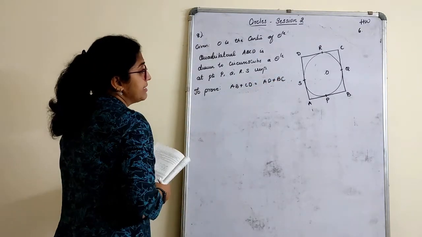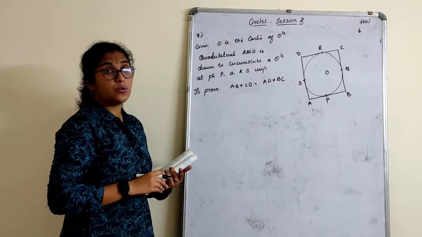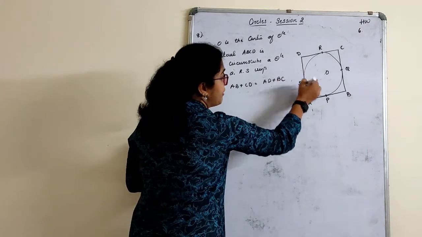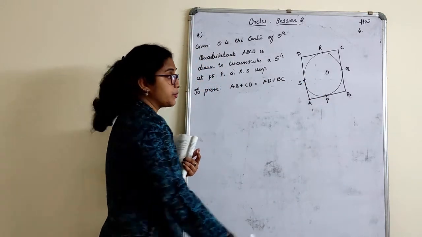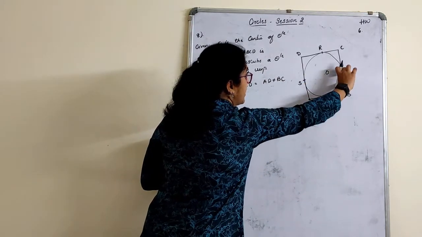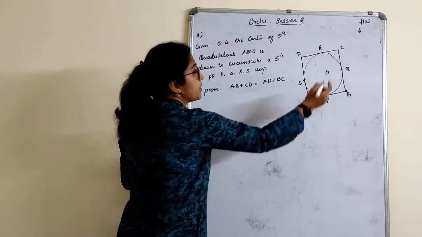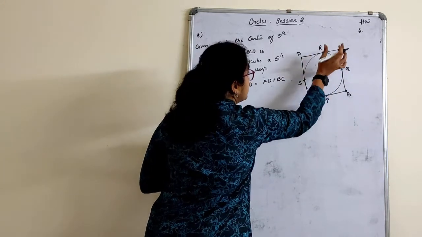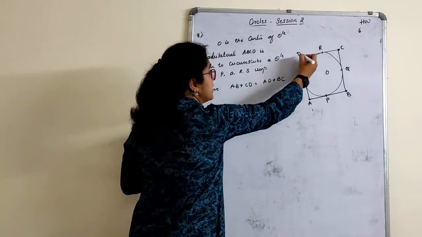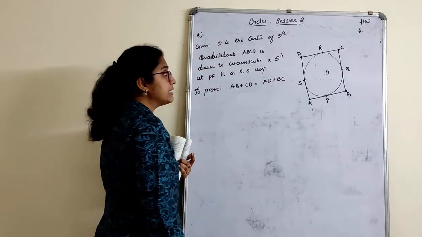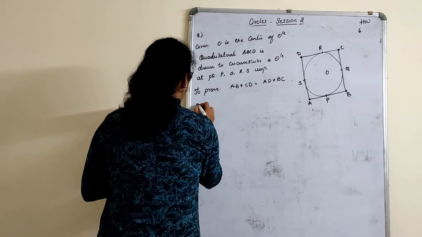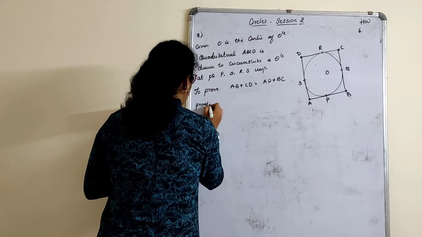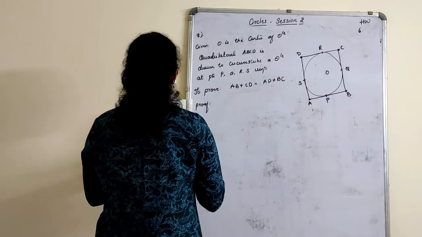Now, let us try to find out which are the equal tangents drawn to a circle. If I consider A as an external point, AP is equal to AS. B is an external point, BQ is equal to BP. C is the external point, CR is equal to CQ. D is the external point, DR is equal to DS. Directly we will write, need not write what is the external point, only we'll write together and then write the reason for all.